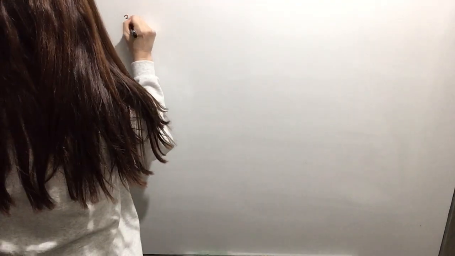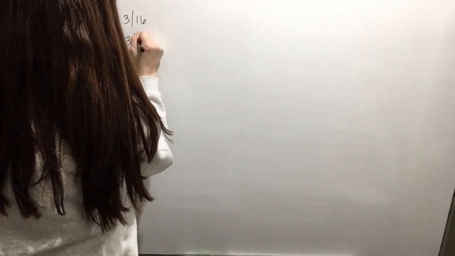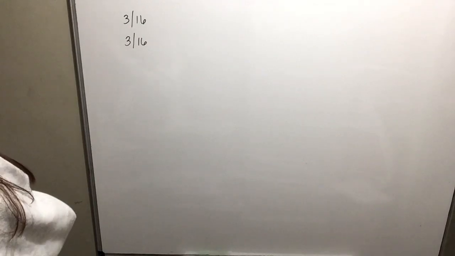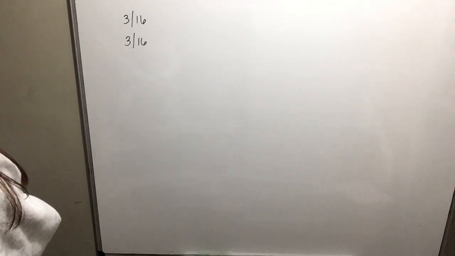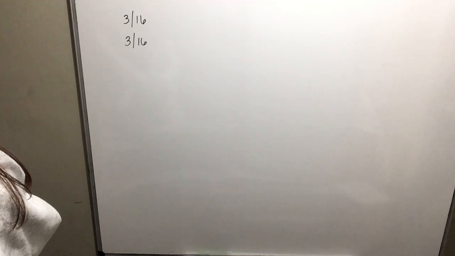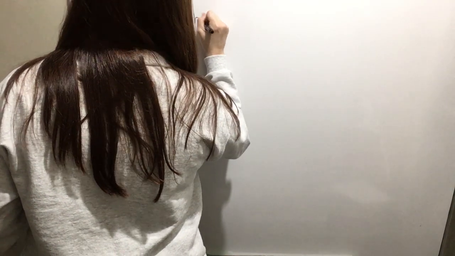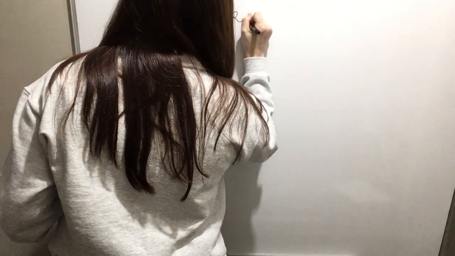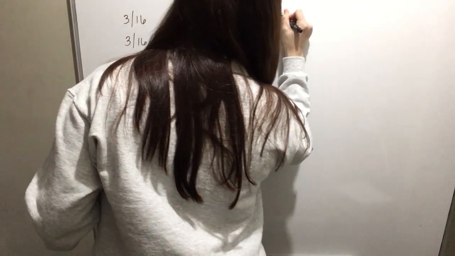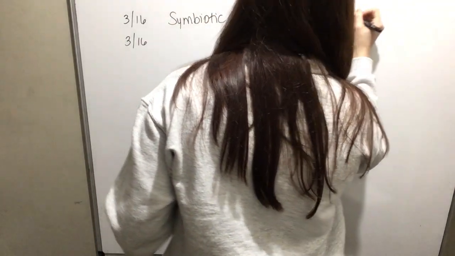All right, so in your interactive notebook, this is 3/16. We're going to put 2 of these dates up there. The assignment that goes along with this will be called symbiotic relationships. And it goes on page 102.